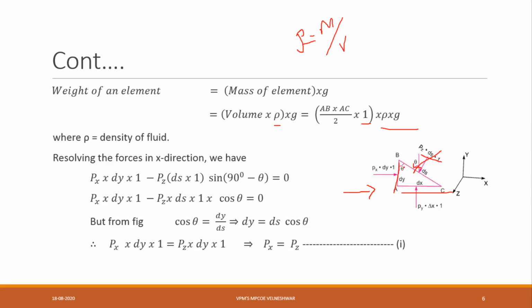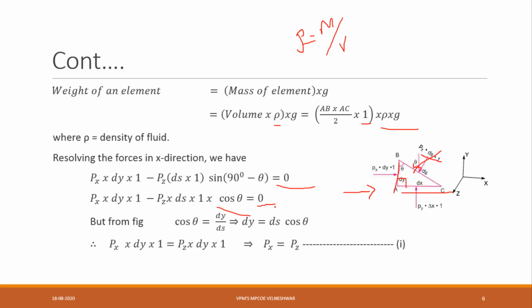Exactly at the B location we have theta, and the other angle is 90 degrees. On the opposite side we have the x direction, so it is sine of 90 minus theta, which is cos theta. That is px into dy into 1 minus pz into ds into 1 into cos theta equal to 0.